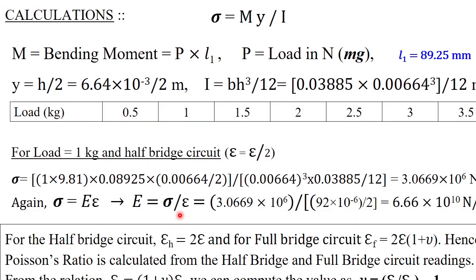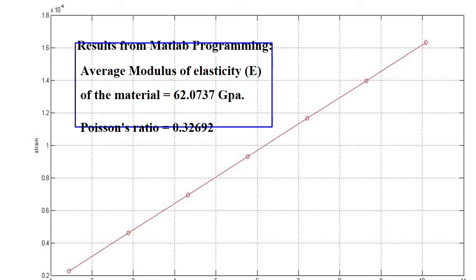So if we compare those two, what do we get? Let us substitute this twice epsilon, that means epsilon h here. So we are getting this relation. So nu is epsilon full bridge divided by epsilon half bridge, minus 1. So this is the relation. So from this we will calculate the Poisson's ratio. This is what we have done.